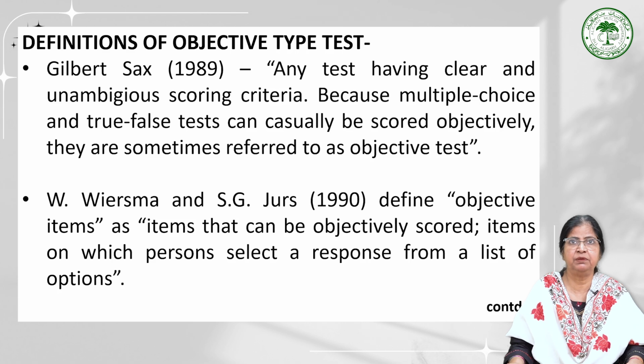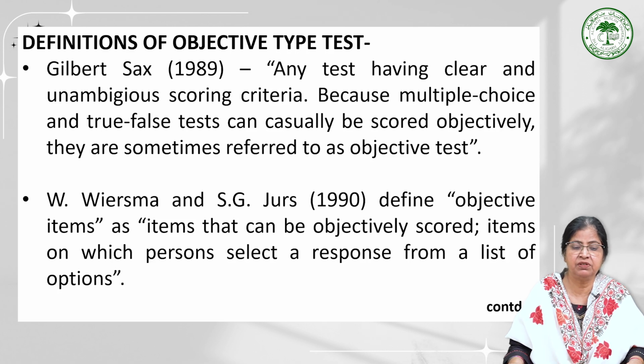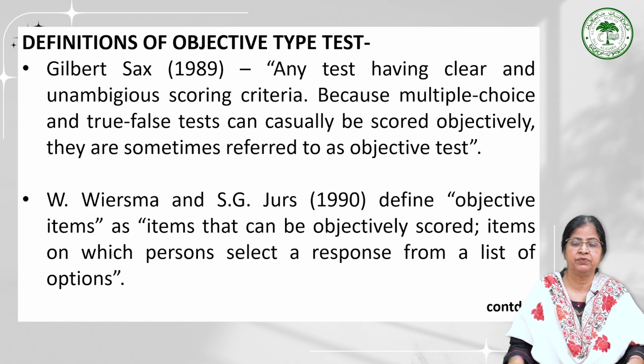Definition of objective type test. Gilbert Sachs in 1989: any test having clear and unambiguous scoring criteria. Because multiple choice and true false tests can casually be scored objectively, they are sometimes referred to as objective tests.